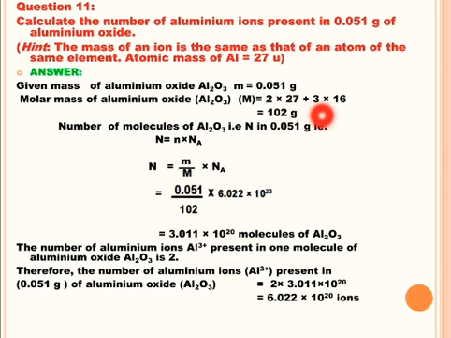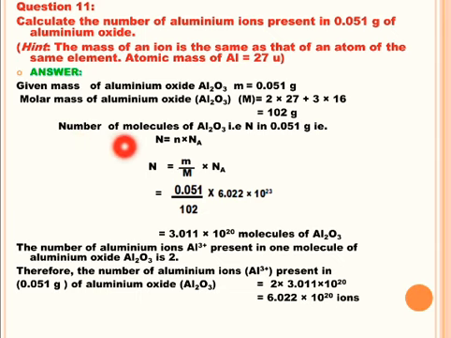And multiply 3 atoms of oxygen with its atomic mass 16. So atomic mass of oxygen is 16. Now add the atomic mass of all these atoms and the value comes out to be 102 grams. So molar mass of aluminium oxide, that is capital M, will come out to be 102 grams. Do these calculations side by side in your notebook.